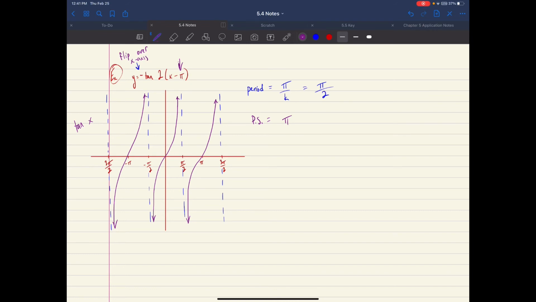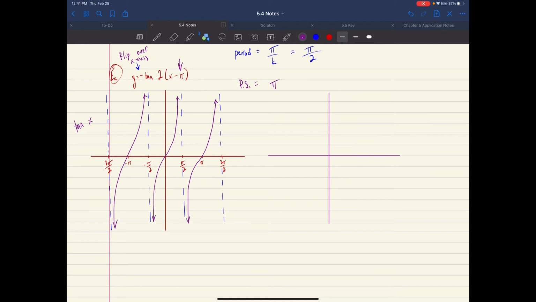And so what I'll do is create this graph again. I'm going to move these things out a little bit. And now I'll graph my new function, my negative tangent of 2x minus pi.